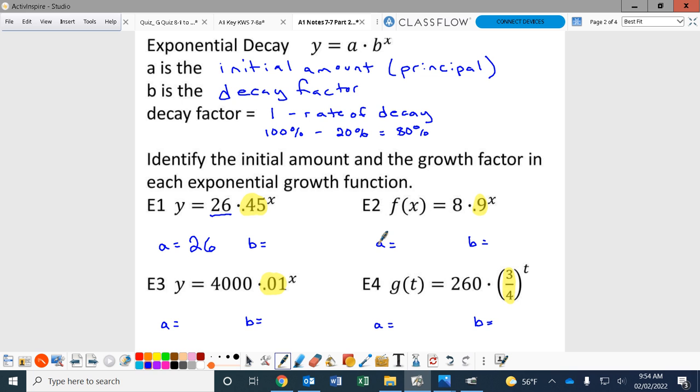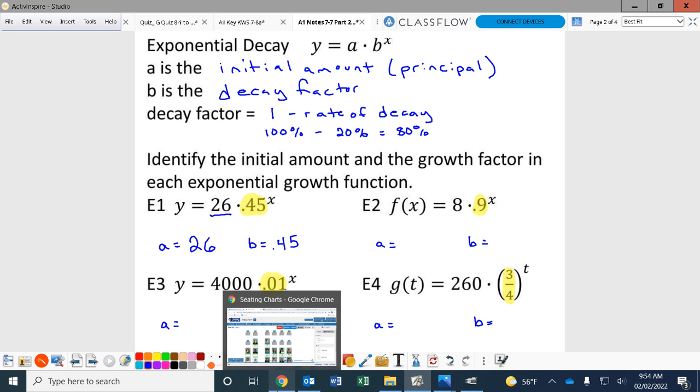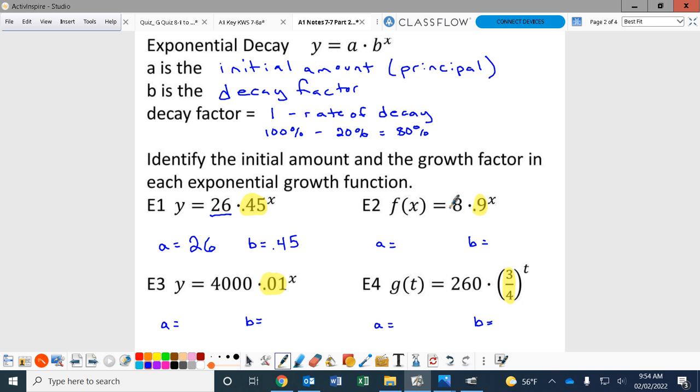The next thing you got to do is state the growth function or the decay function. Just give whichever one it is. In this case, it's going to be 0.45. That's all you do. On the next one, the original amount is 8. The decay factor is 0.9. You have to decide whether it's growth or decay. In this case, it's decay because it's 0.9.